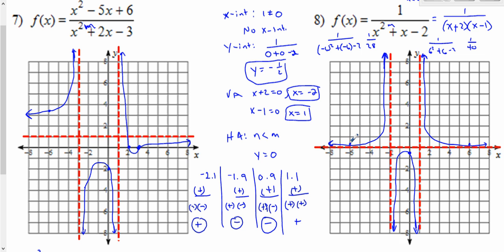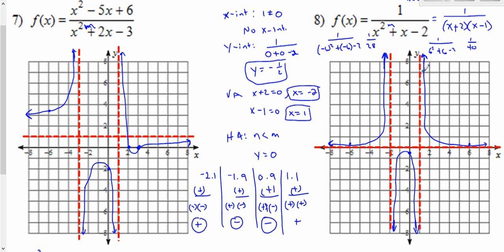Now, when you end up with those values extremely close here, and even if I plug in negative 3, squared is 9.